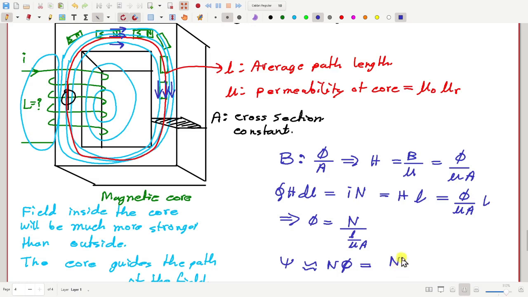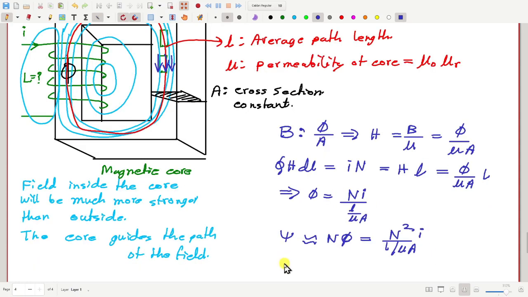So this becomes n squared I by l by mu A. I missed the current I here. Then the inductance of the coil will be flux linkage per unit current, so that is n squared by l by mu A. That is the expression for the inductance of this coil.